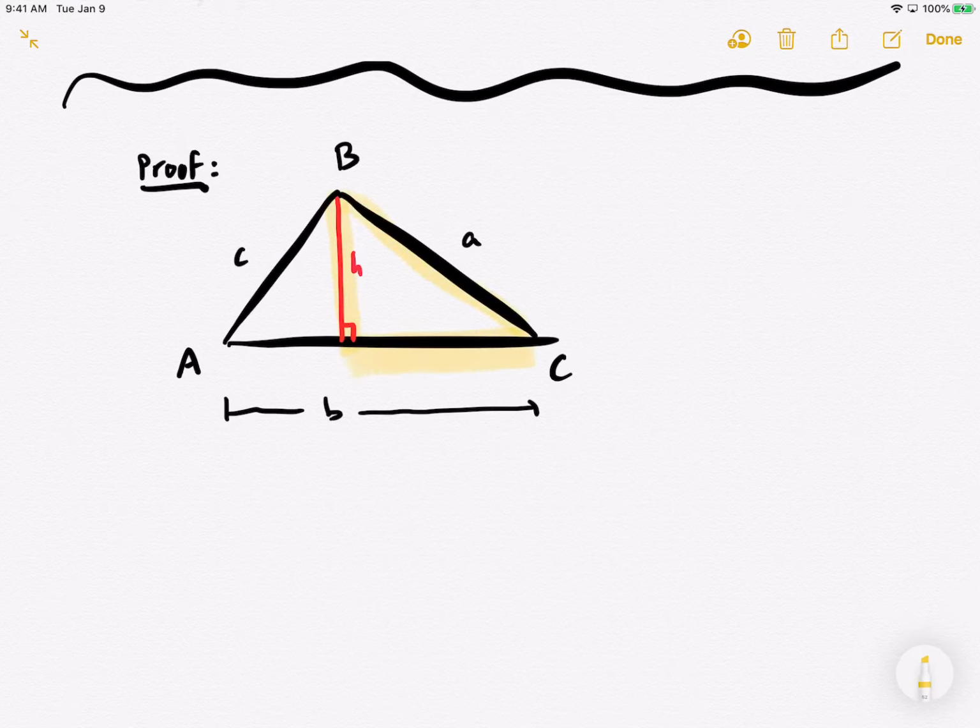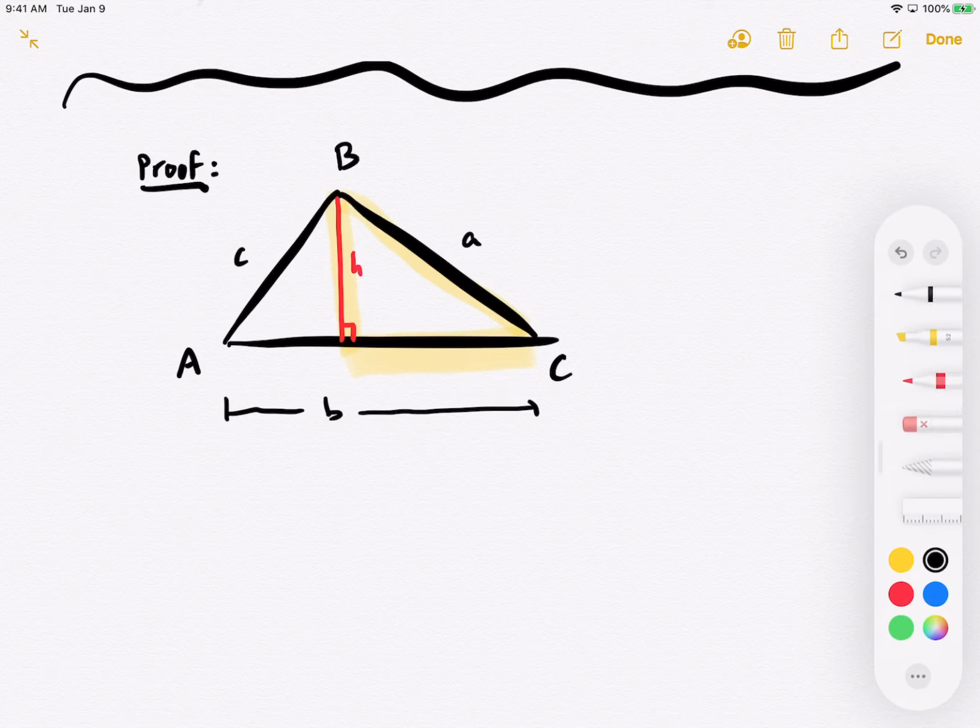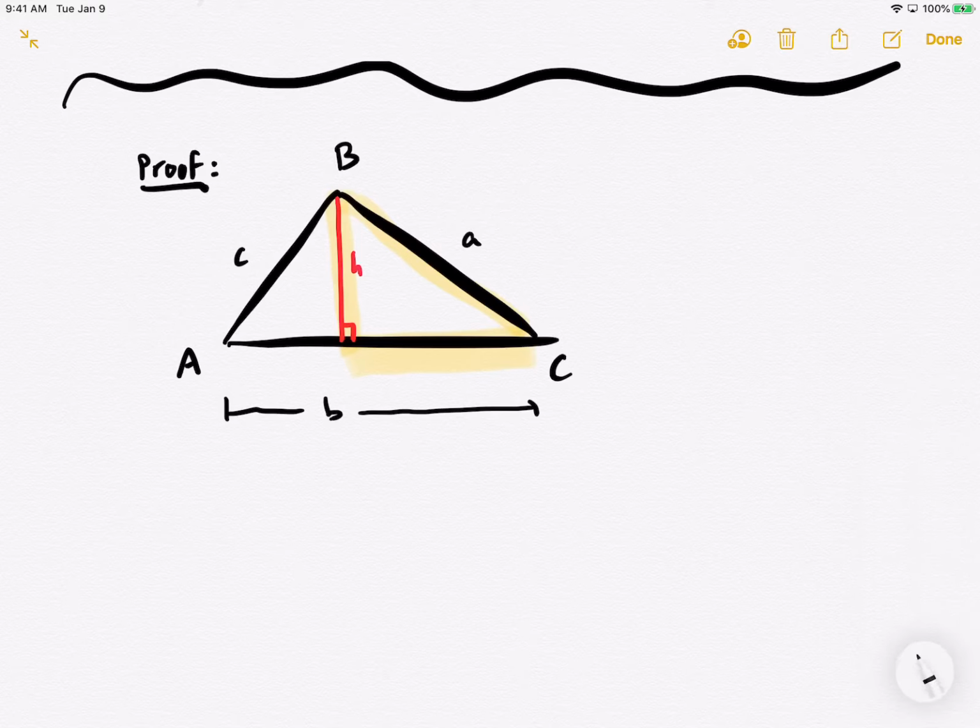The base of that triangle has a portion of side b, and that portion is adjacent to angle C. So I could write that cosine of angle C is equal to its adjacent side divided by its hypotenuse, and I could solve that for the adjacent side.